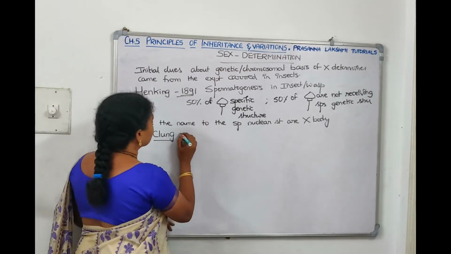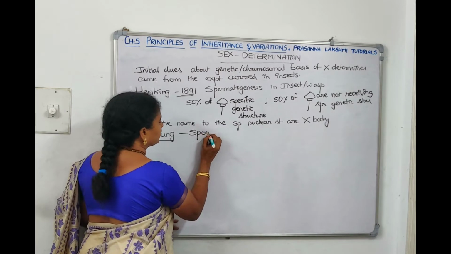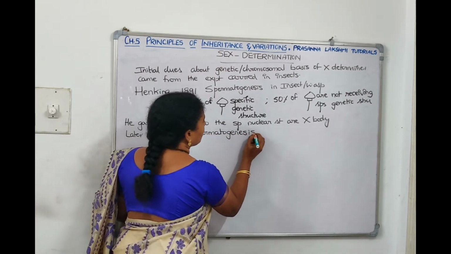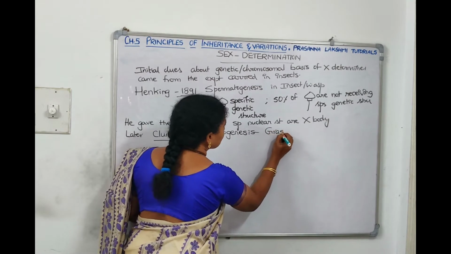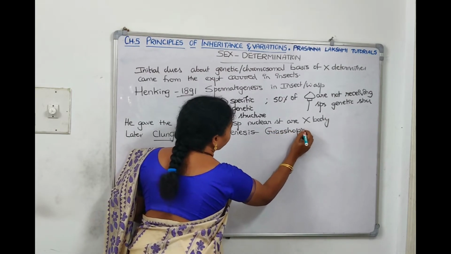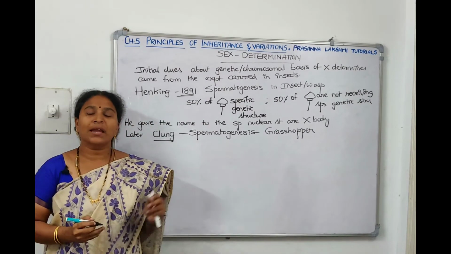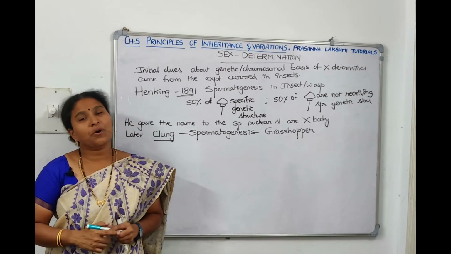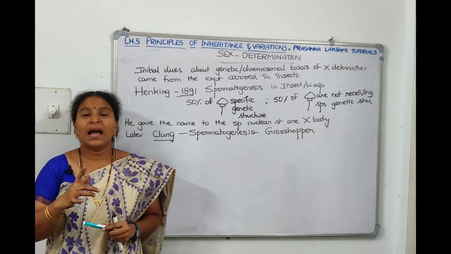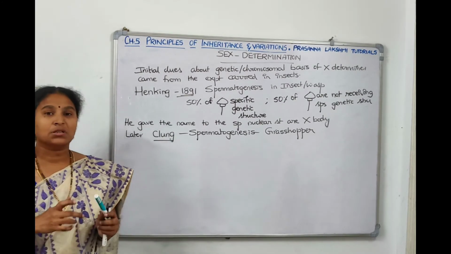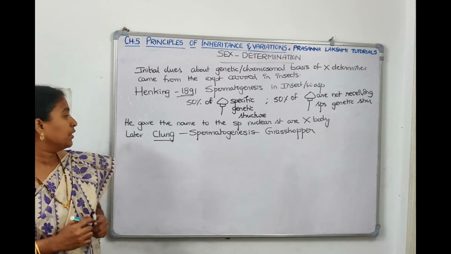Klung observed the spermatogenesis process in another insect called grasshopper, and he told that this X body, what Henking had described, is responsible for sex determination, and he renamed this X body to X chromosome because it is responsible for the sex of an individual.